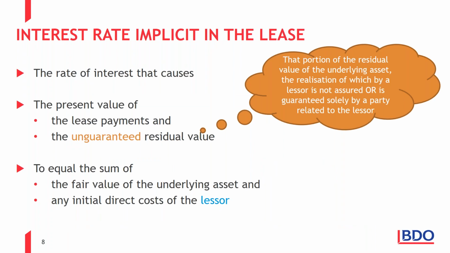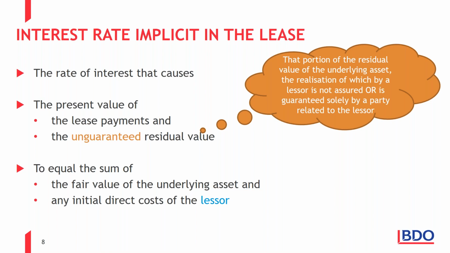What is the interest rate implicit in the lease? It's the rate of interest that causes the present value of lease payments and the unguaranteed residual value to equal the sum of the fair value of the underlying asset and the initial direct costs of the lessor.